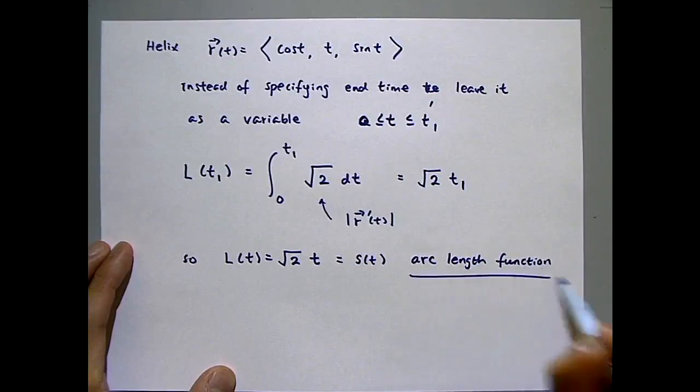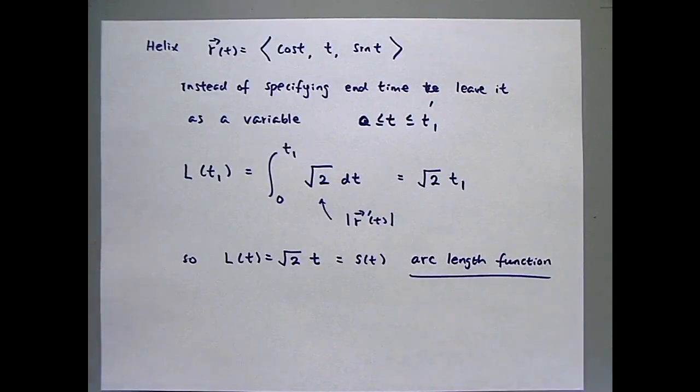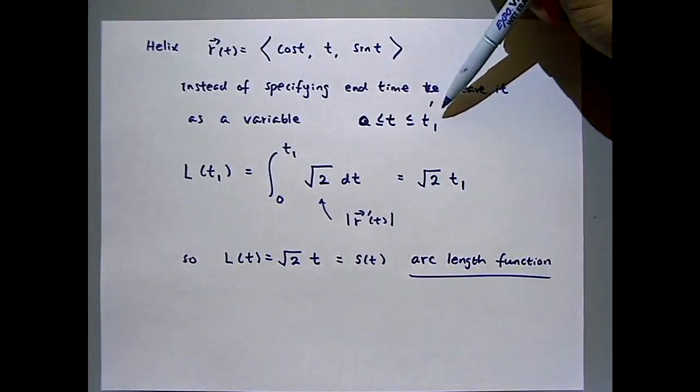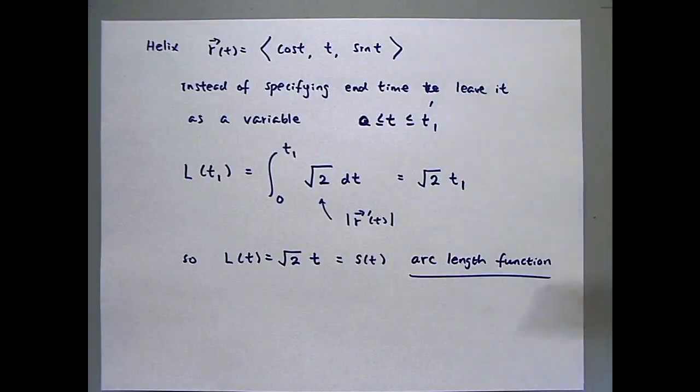This now becomes what's called the arc length function. It's not a constant anymore. We're not specifying where we end. If someone tells you to keep driving, doesn't tell you when to stop, and asks you how much distance you have covered, well, of course, it's as long as you're allowed to drive.